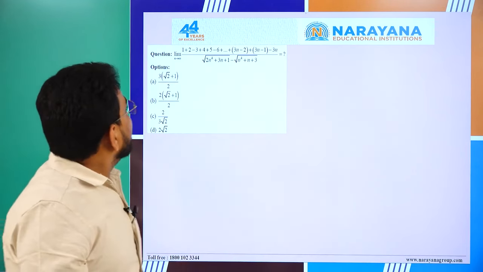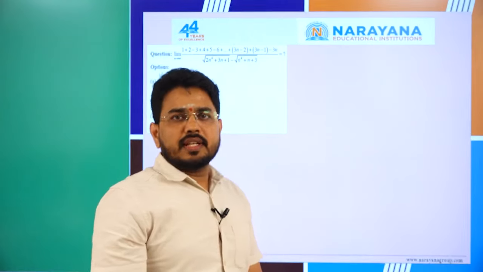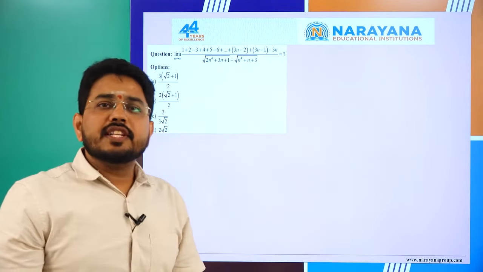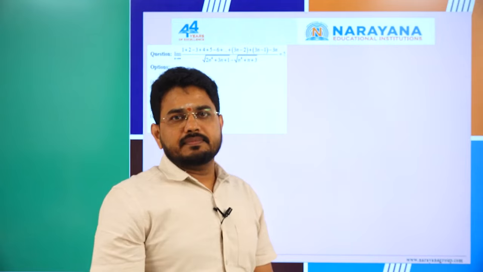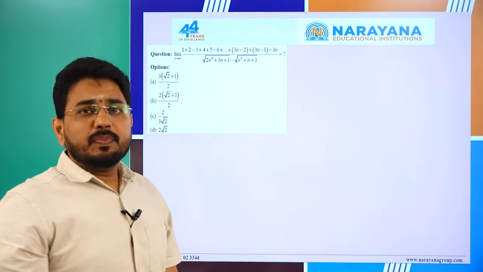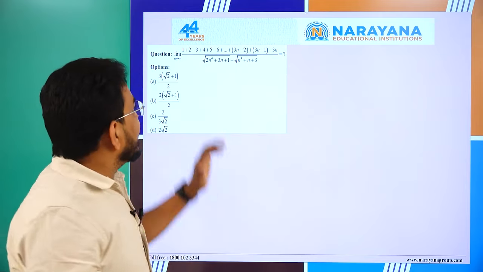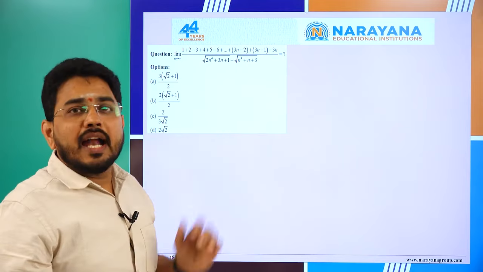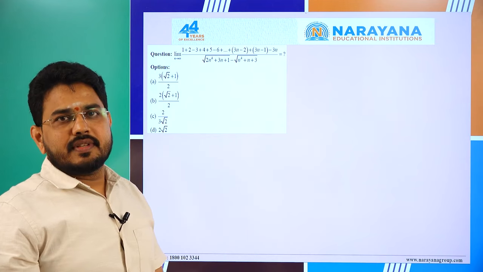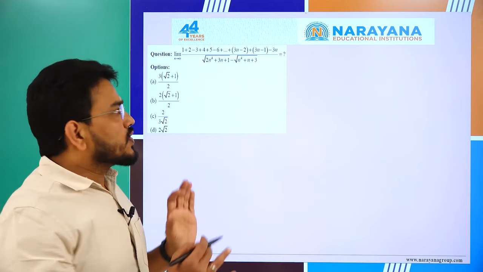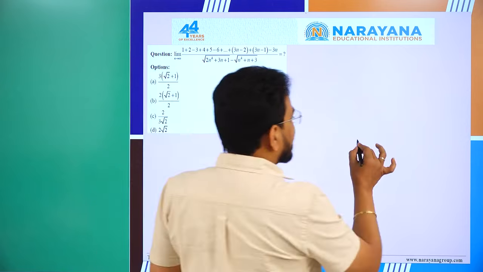This is from the limit question, n tending to infinity. Numerator numbers are there, the denominator is under root of a biquadratic.